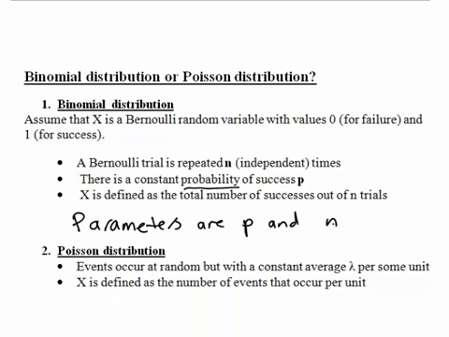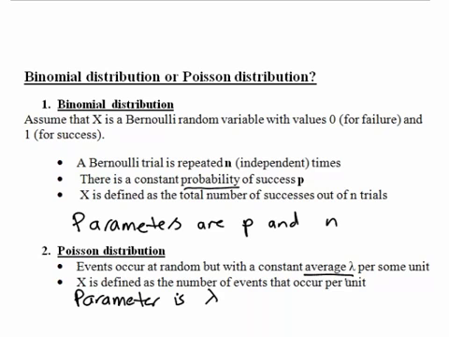X is then defined as the number of events that occur per unit. So in this case, the parameter for a Poisson distribution is lambda, and the key word is average when you're looking at whether something is a Poisson distribution.